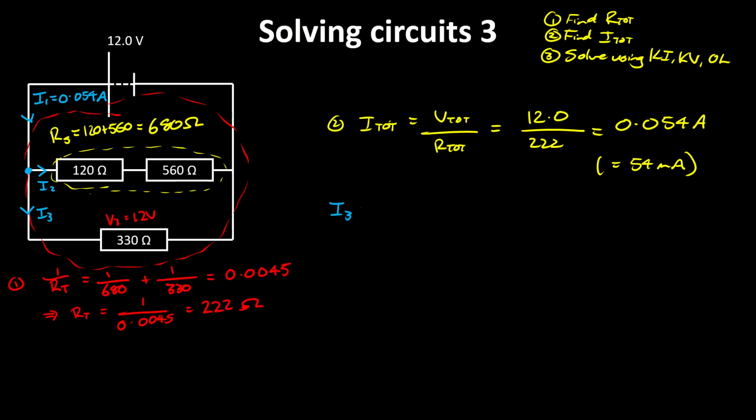So we know that I3 will be V3 over R3 using Ohm's law. So it's going to be 12.0 divided by 330. Which is 0.036 amps, 36 milliamps.